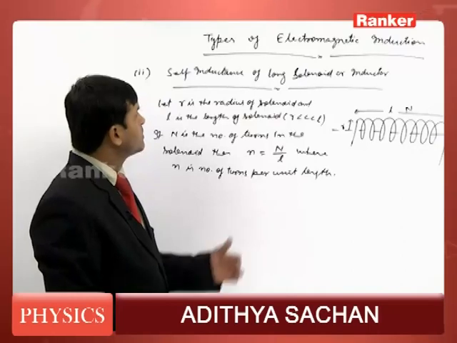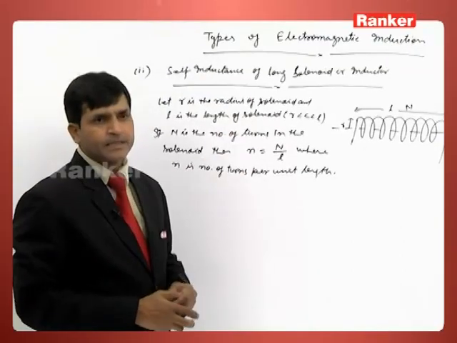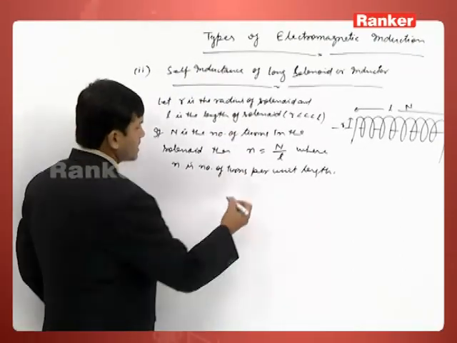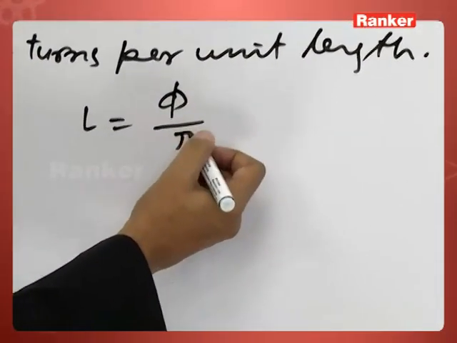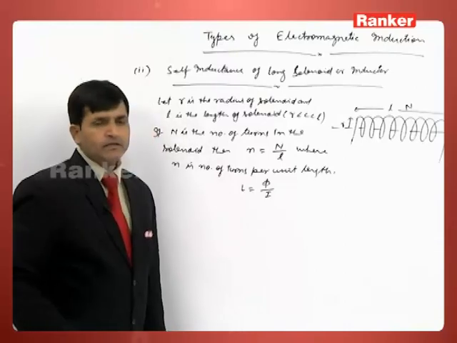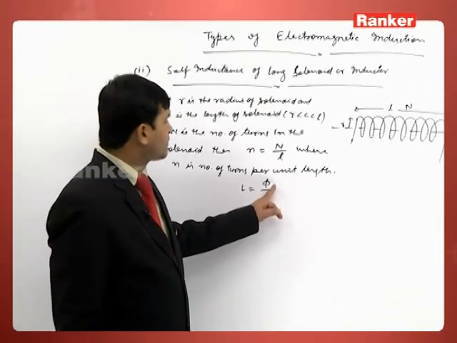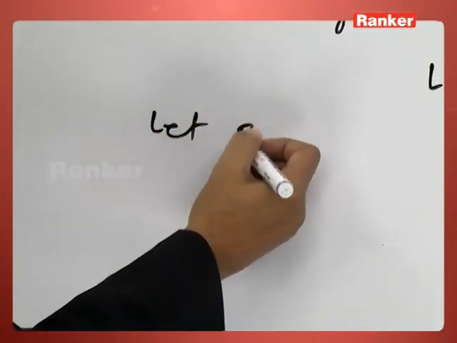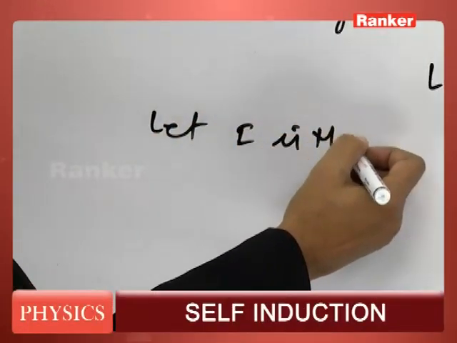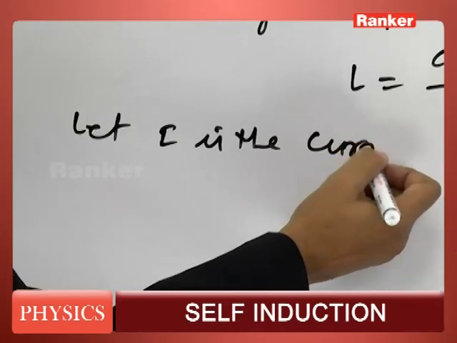Now we would like to find the self-inductance. The method is the same. Self-inductance L is the ratio of self-flux to self-current. Let I be the current in the solenoid.